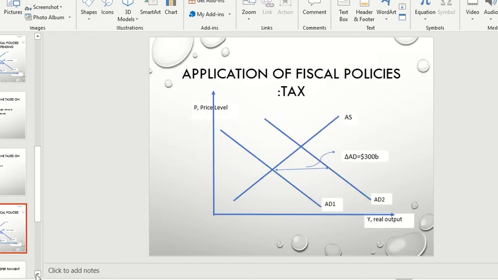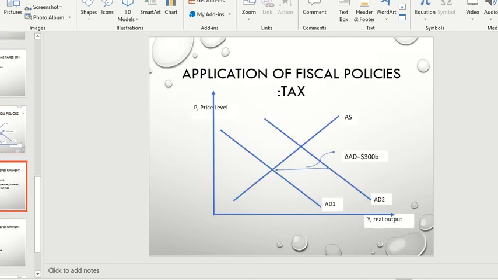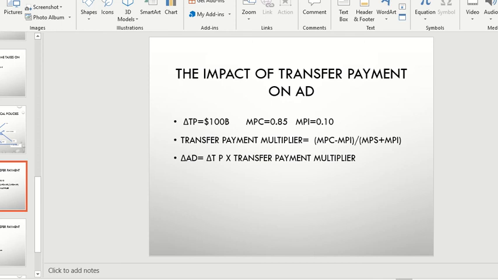So now let's go back to the last numerical example, transfer payment. So here, once again, we have a fiscal stimulus to stimulate the aggregate demand. So the transfer payment increases by $100 billion, and then we're given the marginal propensity to consume.